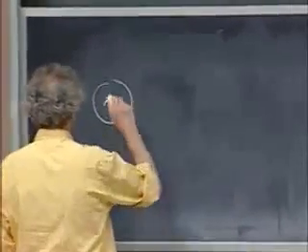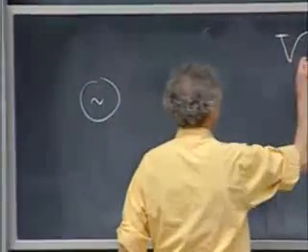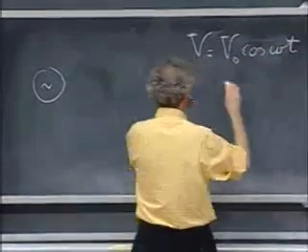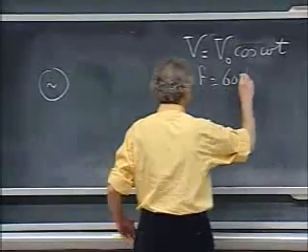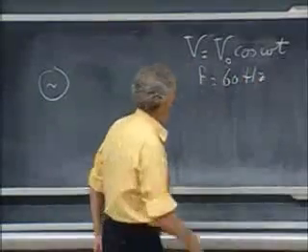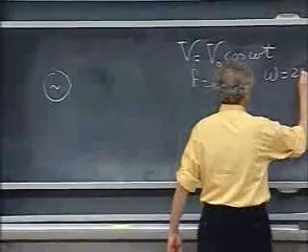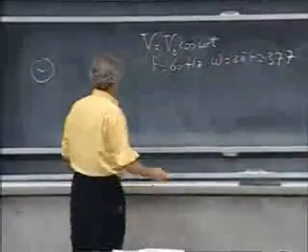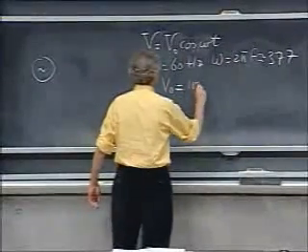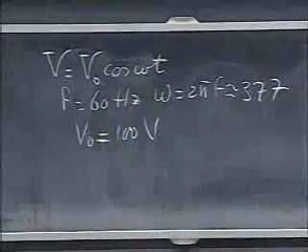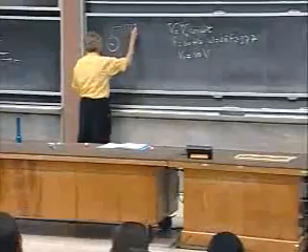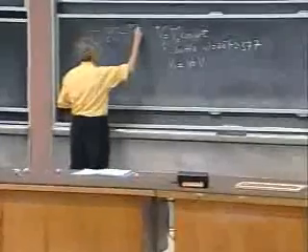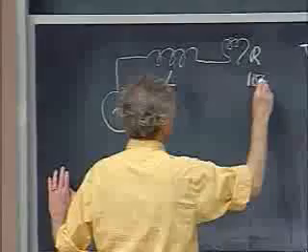We have an AC power supply, V equals V0 cosine omega t. The frequency is 60 hertz, just comes out of the wall, and so omega, which is 2 pi f, is about 377 radians per second. And V0 in this case, 100 volts. And we have here the self-inductor, and here we have a light bulb, and the light bulb has a resistance which is 100 ohms.